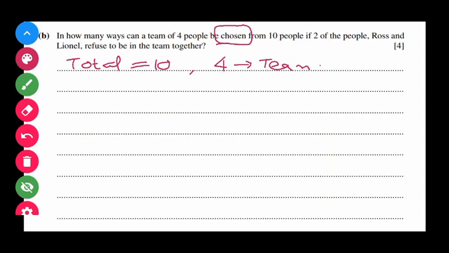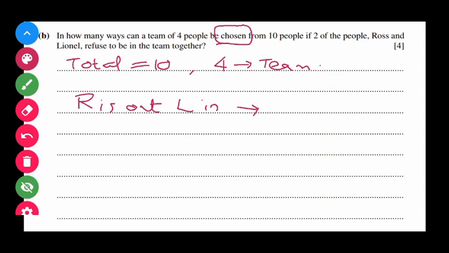So here the best method we can use is, let's see, suppose Rose is out, means Rose is not in the team and Lionel is in the team. In such a case, suppose Rose is out, then Lionel plays the game.